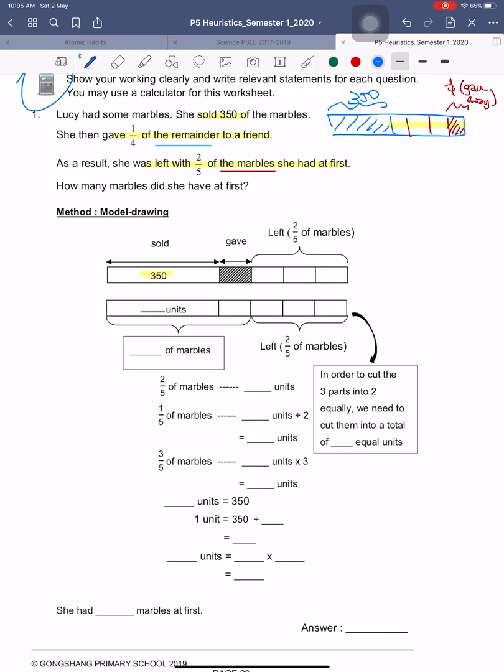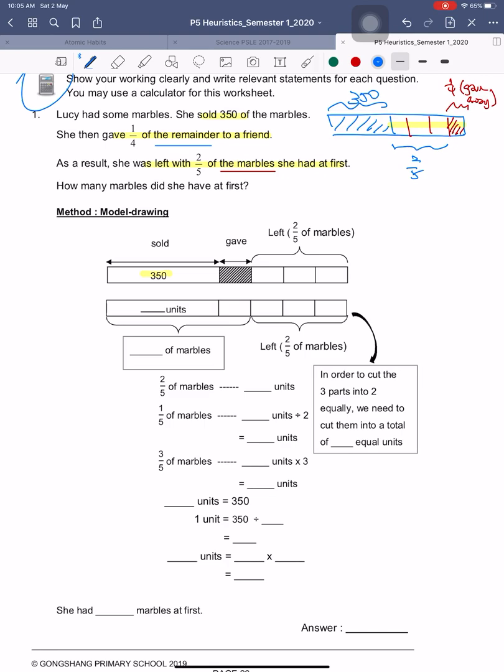If she was left with 2/5, where is the 2/5? The 2/5 is actually from here to here. So this is the part that's 2/5 of the marbles she had left. Very importantly, we have to convert. We relate this 2/5 to the number of marbles she had left, and also the number of marbles she had at first. Roughly, this is how we construct the model.